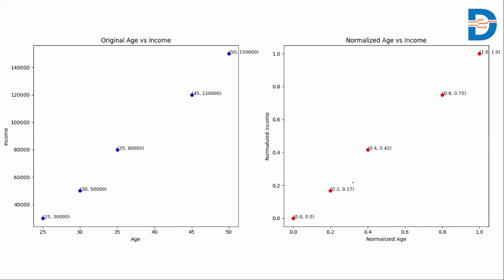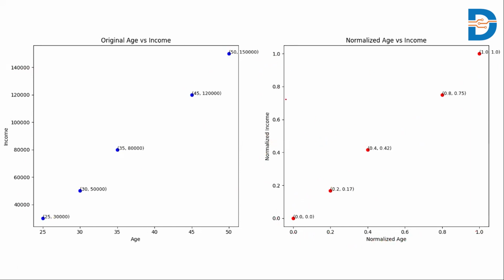And even after you scale the things, I have normalized the age over here. Now it is existing between the range of 0 to 1, and your income is also existing between the range of 0 to 1 over here. But you would see the relationship is still preserved. There is no disruption in the relationship between these two.